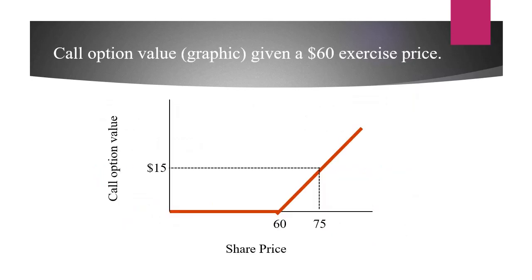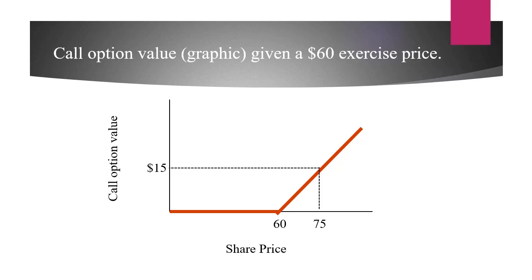Graphical depiction of call option value with exercise price of $60. The graph is plotted with the x-axis showing the share price and the y-axis showing the call option value in terms of dollars. On the x-axis is an inflection point where 60 is written.